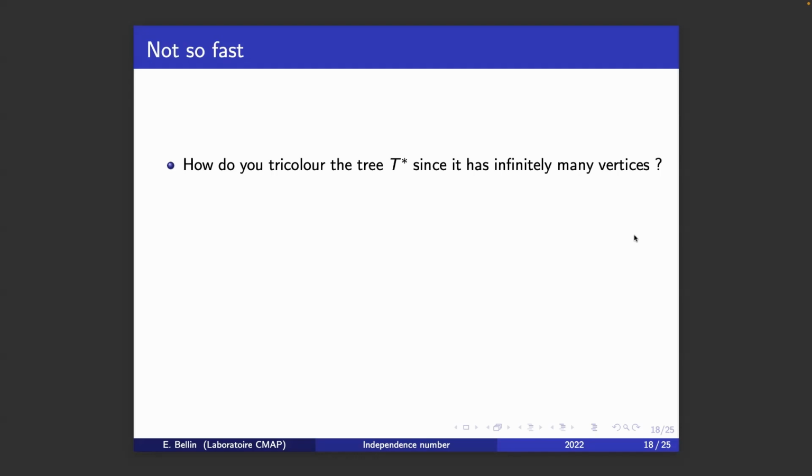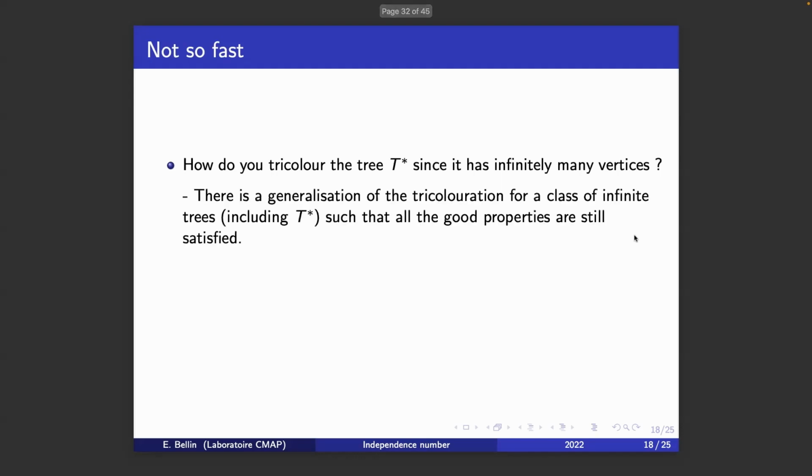So what does it mean to be red in T star? Well, you can generalize this tricoloration to some infinite trees, including T star. So luckily, T star almost surely belongs to the class of trees where you can generalize the tricoloration, such that all the good properties are still satisfied.